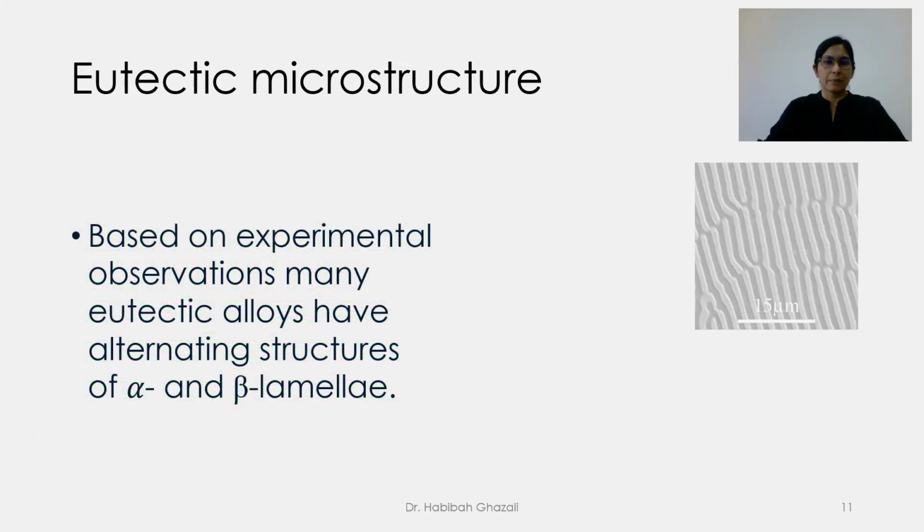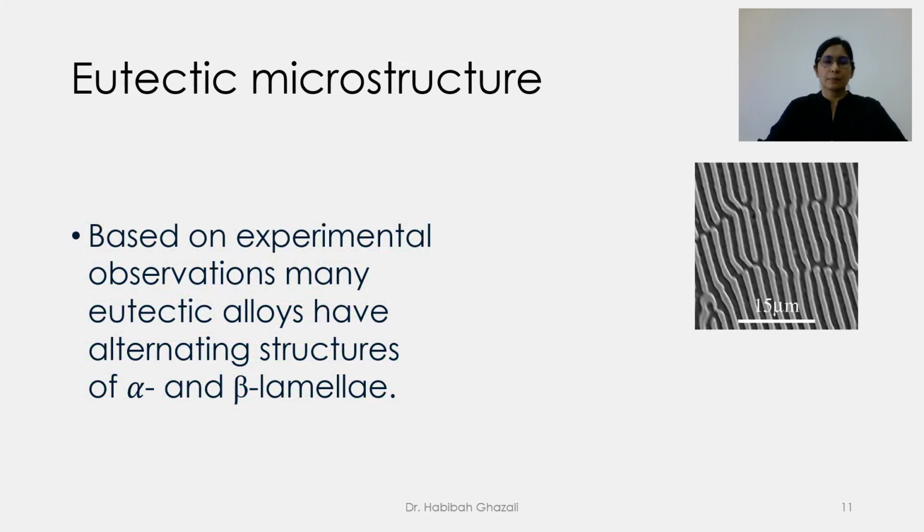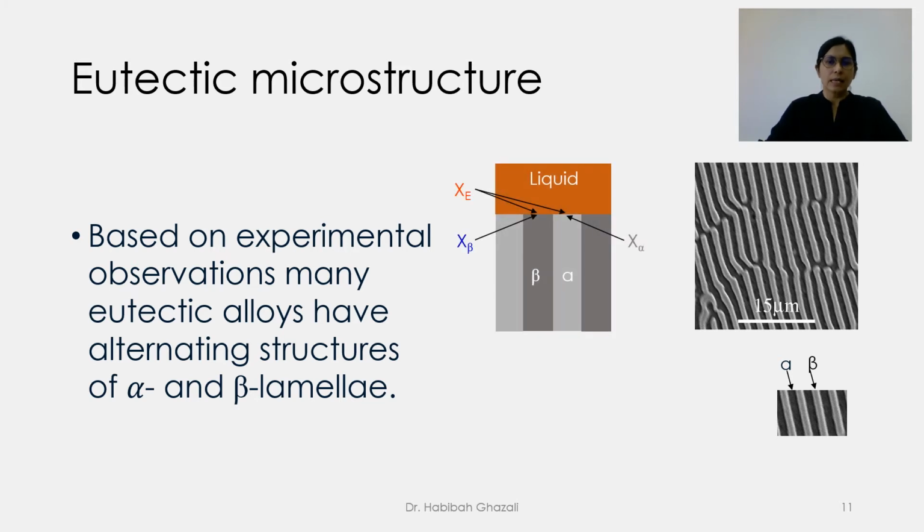When you look at the microstructure using a microscope, it will look like this one that I show you here, with the alpha solid solution and beta solid solution sitting right next to each other, just like the layered cake.